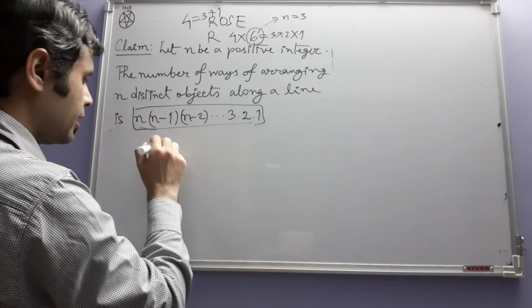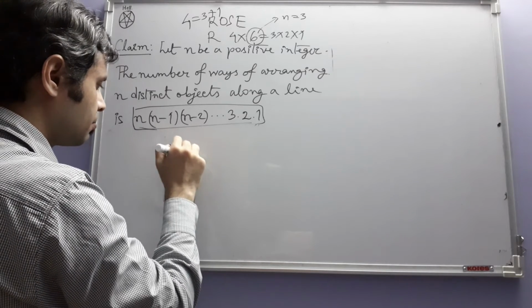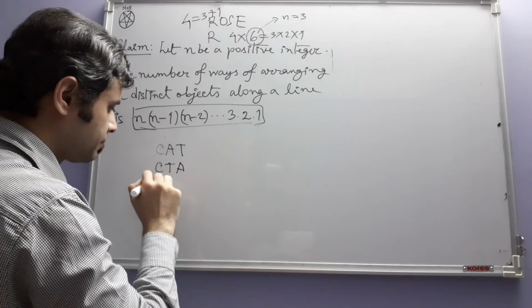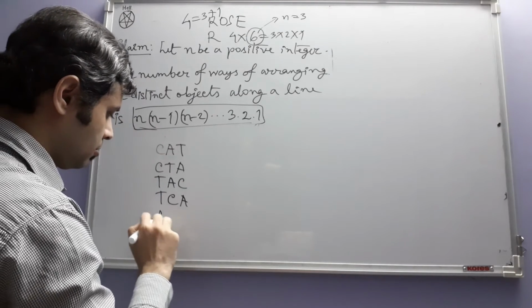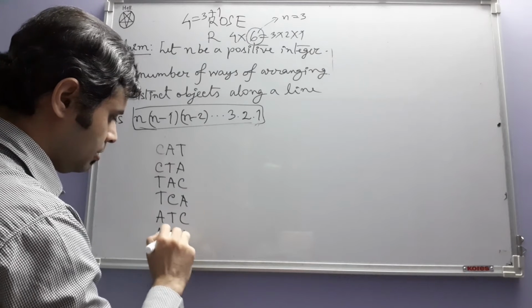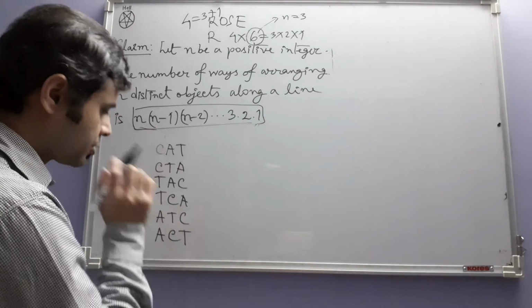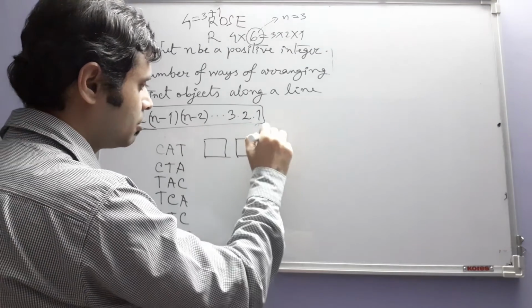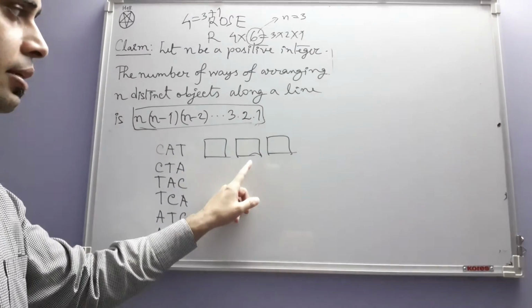So let us go back to that cat example. Let me quickly write all the possibilities. A, C, T. Now if we look at these possible arrangements, we have 3 places along a line. Why do I keep saying along a line?